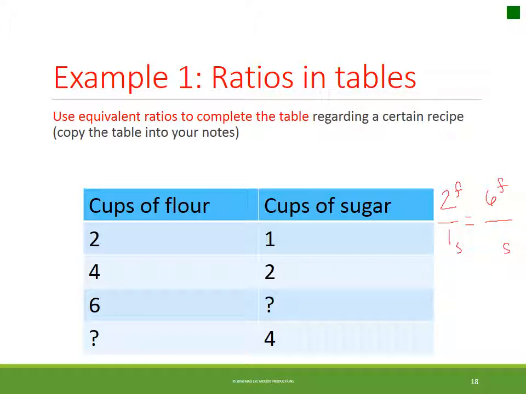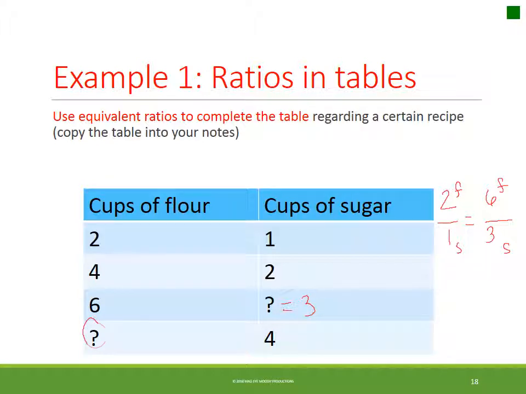Well, what this is really asking is, what can I divide 6 by that's going to get me the number 2? Well, that would be the number 3. So 6 divided by 3 is 2. So this is going to be 3 cups of sugar.